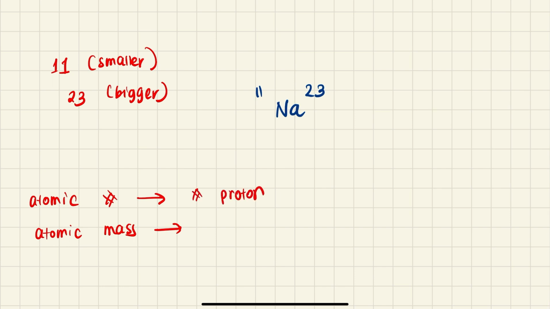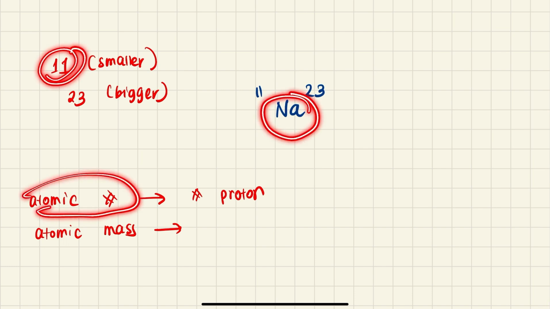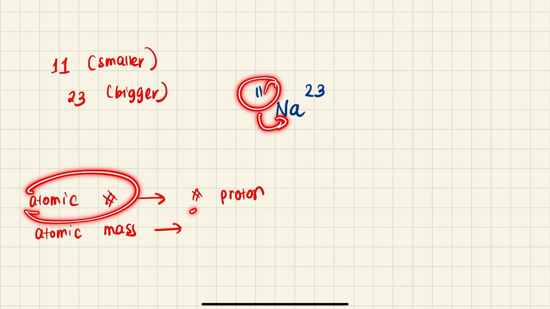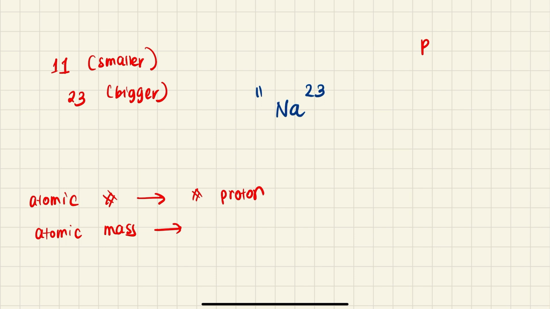So if 11 is the atomic number of sodium, that means the number of protons inside a sodium atom is 11. So protons is 11 for sodium. We still need to figure out the neutrons and electrons.